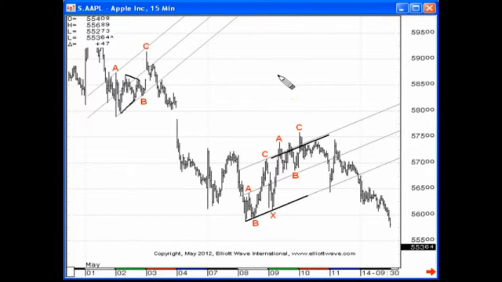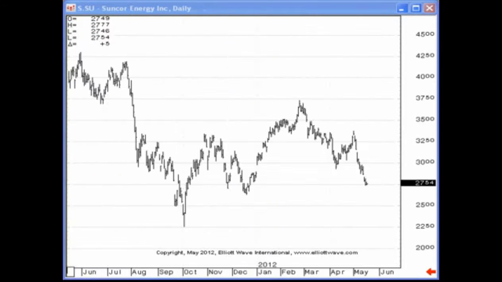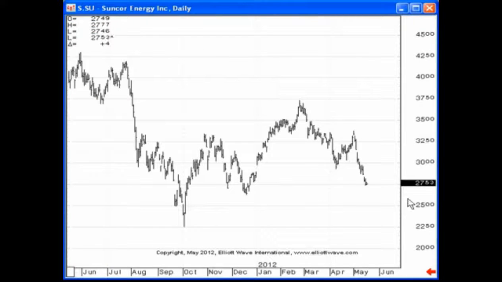Now the next price chart we're going to look at is of Suncor Energy, and their ticker symbol is SU. Let me show you again specifically what I'm referring to. To me, a high probability trade setup consists of two things: a three-wave price move within parallel lines.